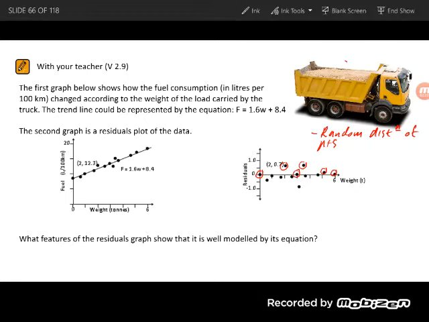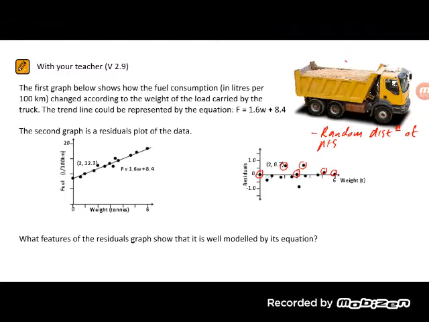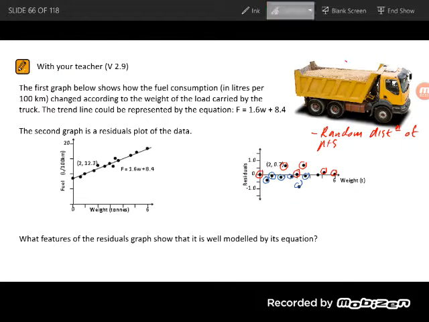Okay, so in a different colour, I think that the ones below the line are in blue. These are all below the line. Okay, so above the line we've got 1, 2, 3, 4, 5, 6, and below we've got 1, 2, 3, 4, 5, 6 with one point that looks directly on the line. So we do have an even number of points above and below the line.